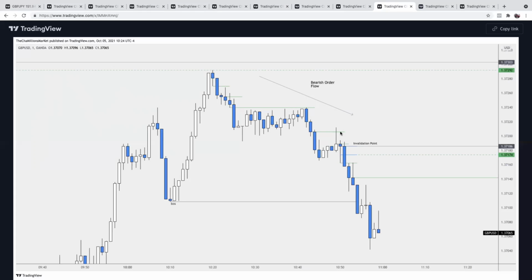So now if we zoom in right here, post this breaker structure, what were the last points of supply that were left unmitigated? So we had a supply zone here.